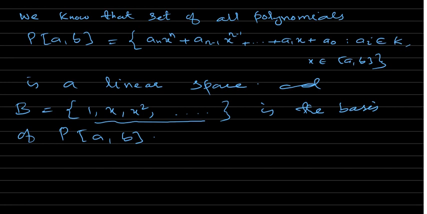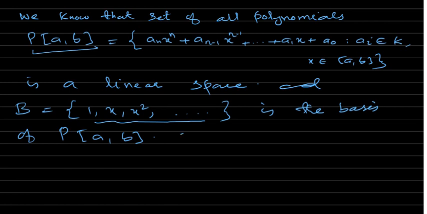So there are norms on P[a,b]. In fact, we have an infinite number of norms on this P[a,b]. P[a,b] is a normed linear space. We can define any number of norms, in fact. So given any polynomial, we can always define a norm on that polynomial. That's very simple. But any norm on P[a,b] cannot make P[a,b] a Banach space. Why? Because it has a denumerable basis.